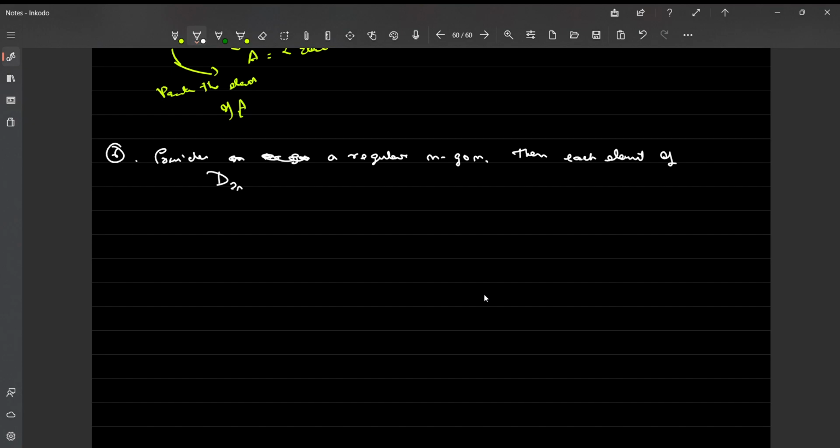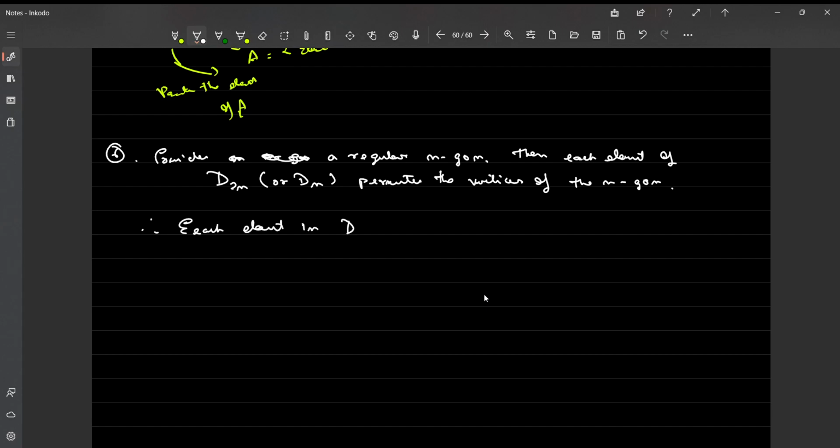Then each element of D_2n, or you can also write it as D_n itself, permutes the vertices of the n-gon. Now what is D_2n? D_2n is basically the set of all possible symmetries of a regular n-gon, right?